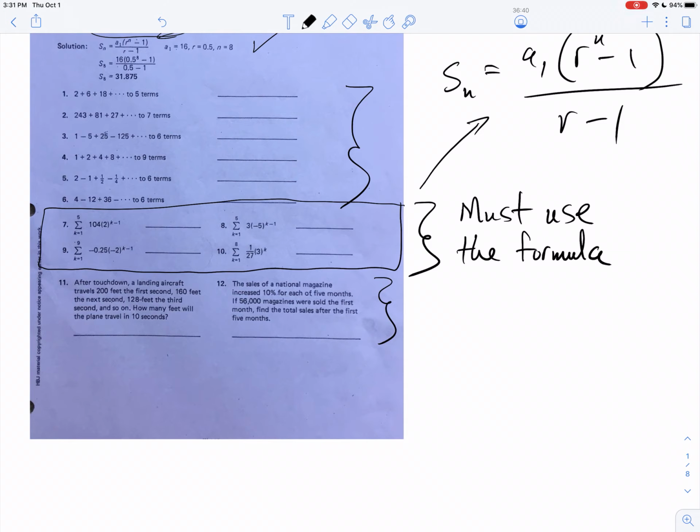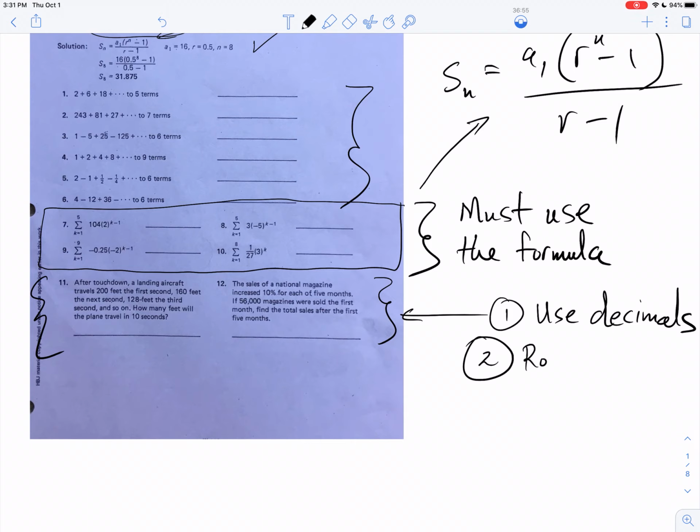So for number 11 and 12 down here, here are my hints. Number 1, definitely use decimals. Do not use fractions. Also, you're going to take your final answer and round to the nearest whole number.